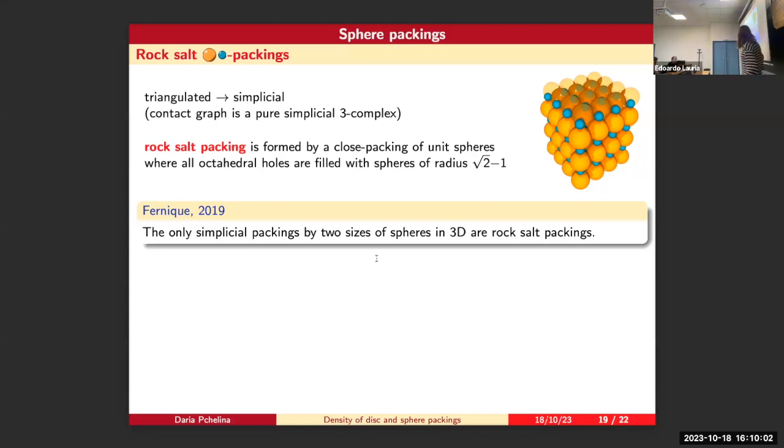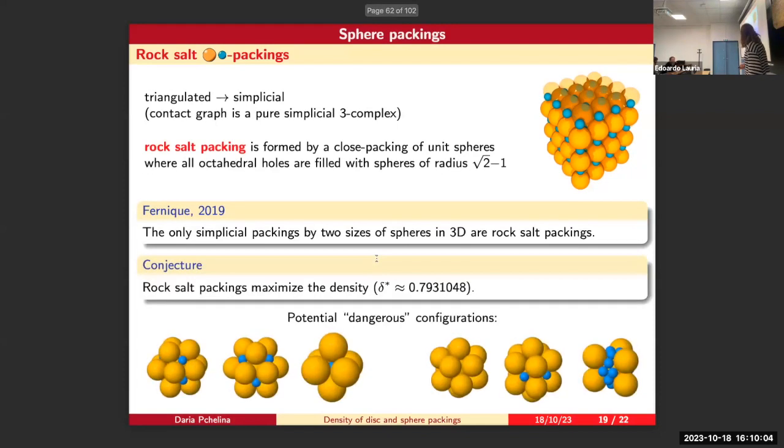Everybody thinks that this packing is optimal. We didn't prove the conjecture, but we worked on it a little bit. Just to give you an idea of how we can proceed with the proof of the optimality of these packings: usually we work with only local proofs.